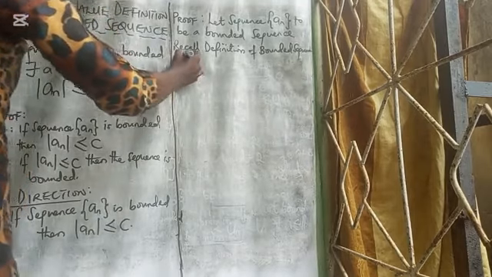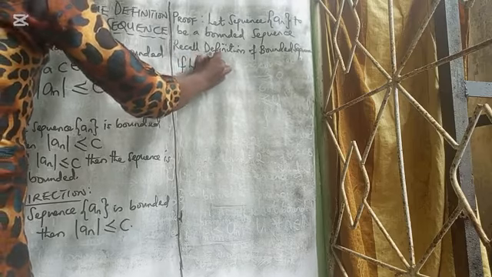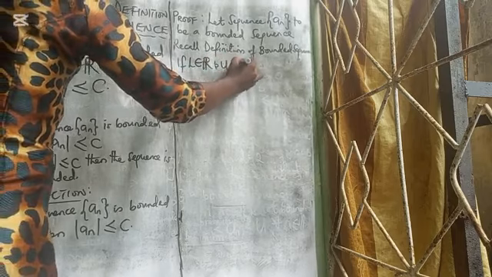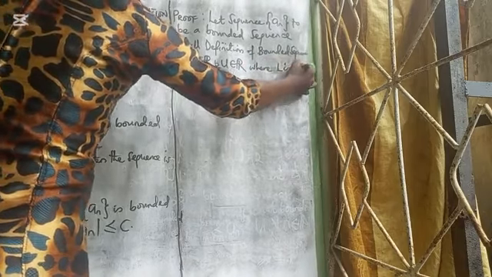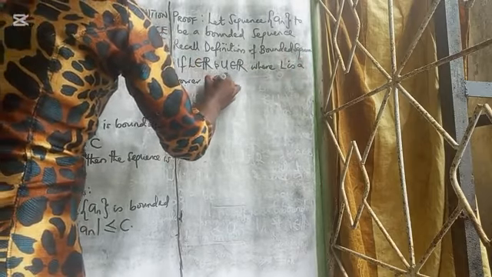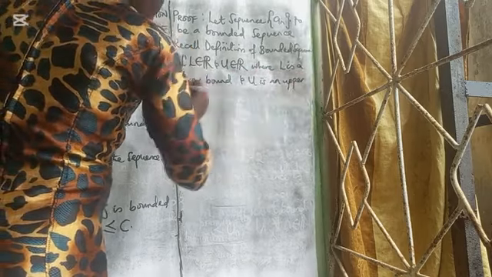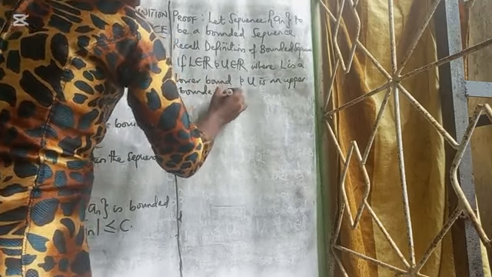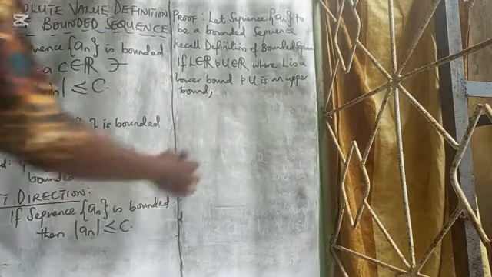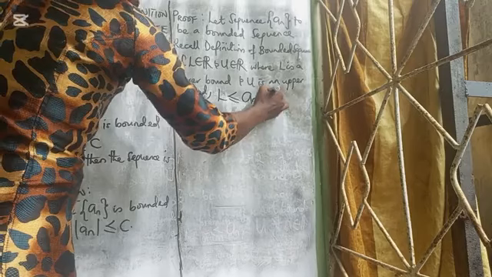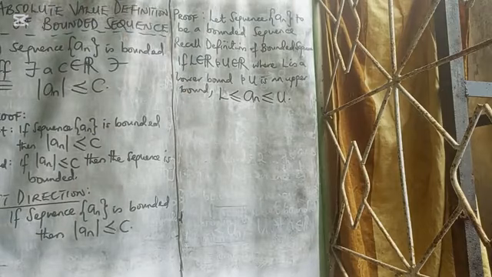It says if L is contained in R and U is also contained in R, where L is a lower bound and U is an upper bound, then the sequence is bounded if L is less than or equal to A sub n less than or equal to U. The sequence will be bounded.